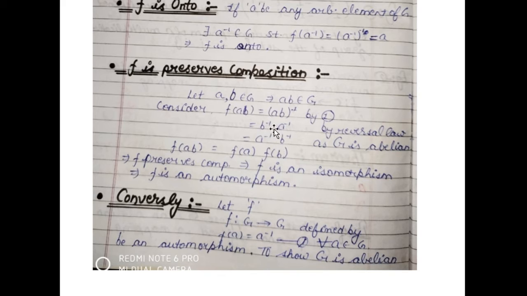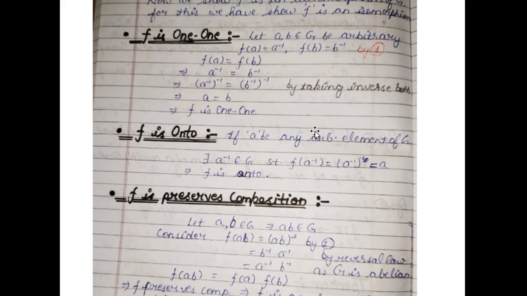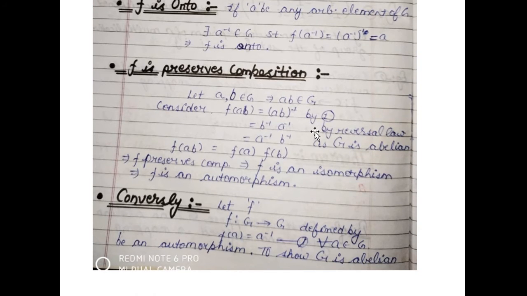And since A inverse is equal to F of A and B inverse is equal to F of B, we have shown that F of AB is equal to F of A into F of B. So this implies F preserves composition. So this implies F is an isomorphism because it is 1-1, onto, and composition preserving. Since this isomorphism is from a group G onto itself, this type of isomorphism will be an automorphism.